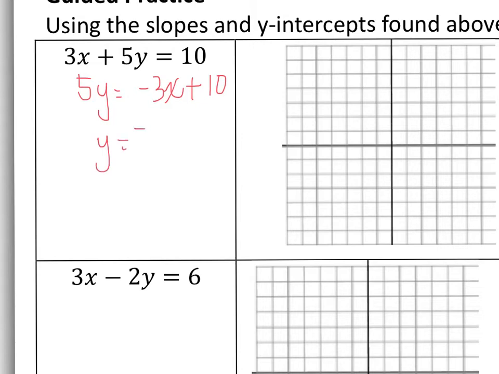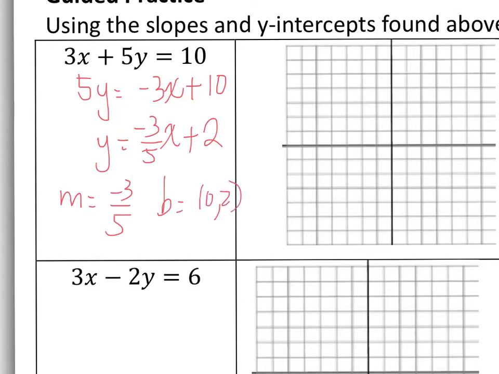Y equals negative 3/5 x plus 2. Okay, and then I know my slope is negative 3/5, and my y-intercept is going to be 0, 2. Okay, so intercept 0, 2.